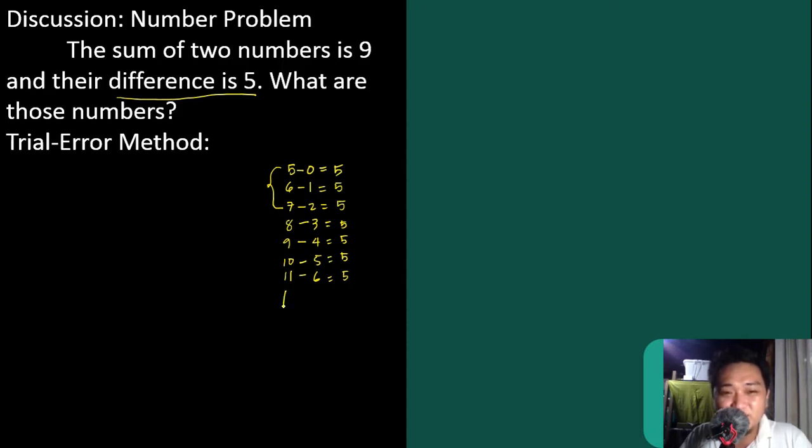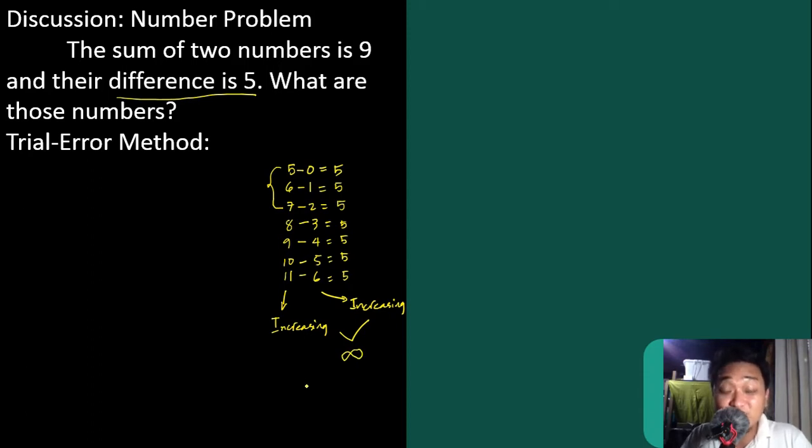Kasi po, kung mapapansin nyo to, this is increasing. This is also increasing. Pataas din siya, no? And since both of these, the pair in the ordered pair, are increasing, therefore, the solution is infinite. Walang katapusan.